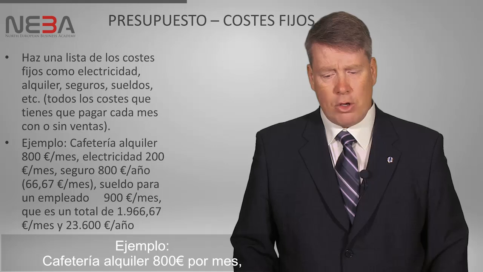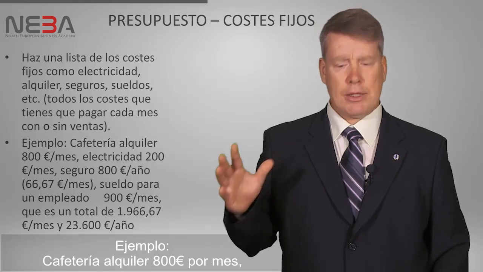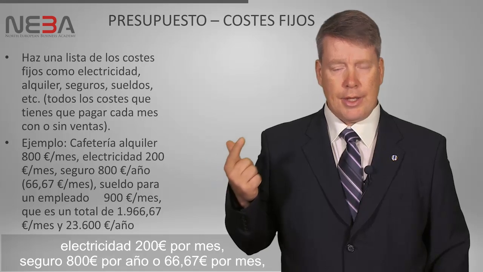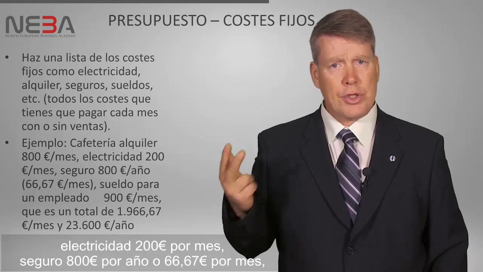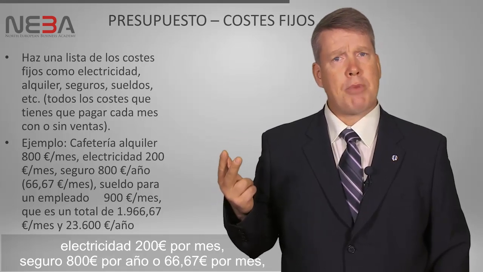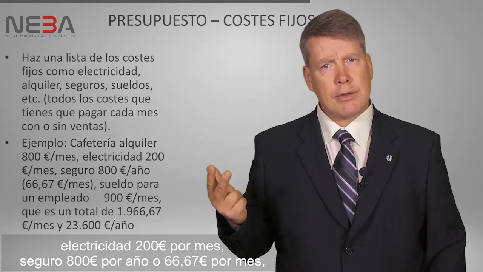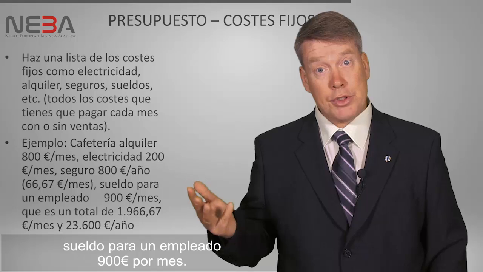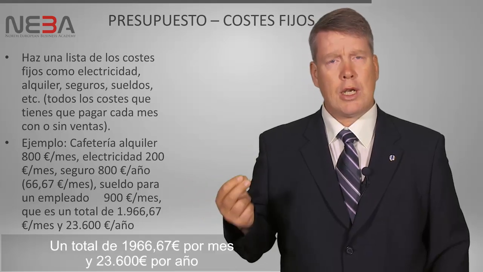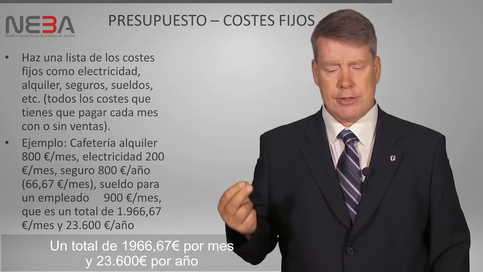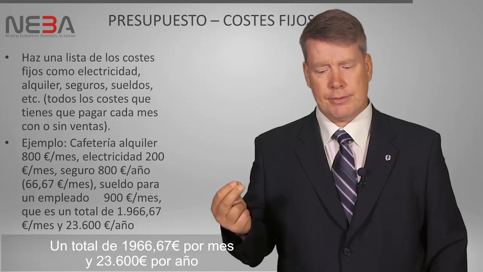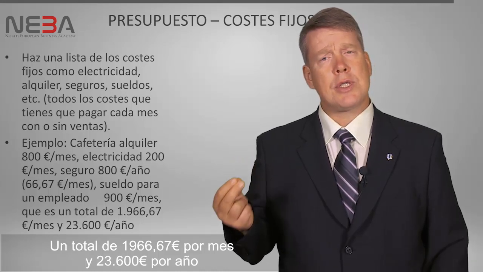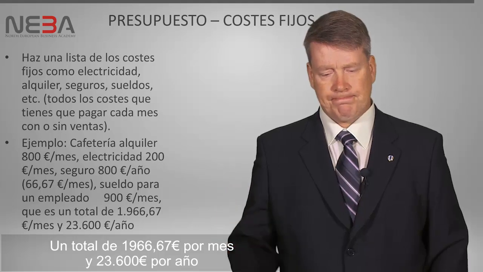Example: coffee shop rent 800 a month, electricity 200 a month, insurance 800 a year, 66.67 euros per month, salary for one worker 900 euros. Total 1,966.67 euros per month, and 23,600 euros per year.